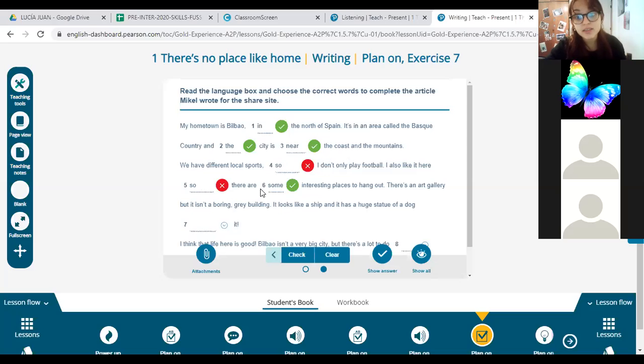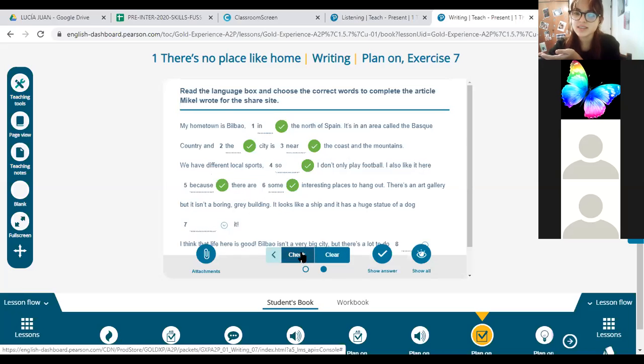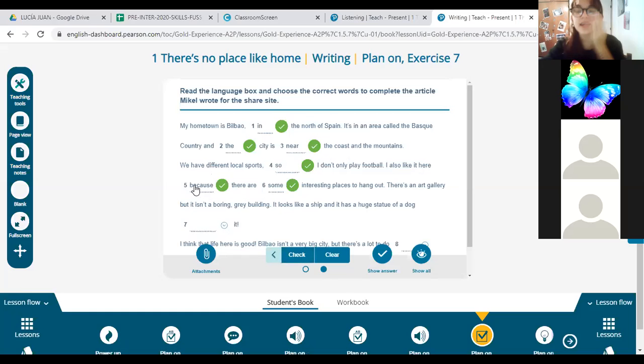Acá pasa al revés. I also like it here because there are some interesting places. Primero estuvieron los places, y porque están los places, I like it here. Do you understand? Acá hay que pensar en relación de qué viene primero y qué es la causa, qué es la consecuencia.